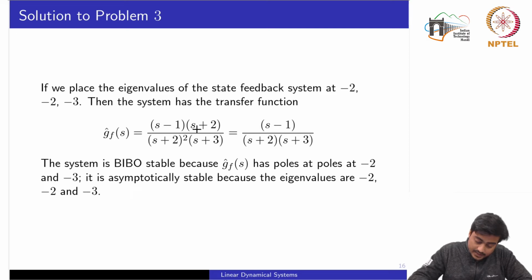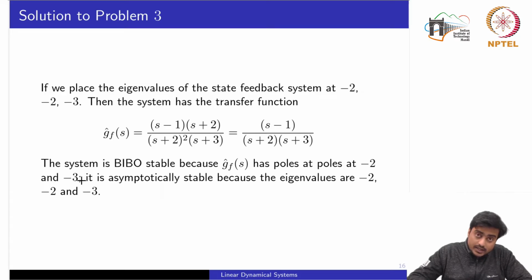Since the s plus 2 factor is common, it would cancel out, and finally we would have this transfer function. Now you see that the system is BIBO stable, because all the poles of this transfer function are on the left hand side, located at -2 and -3.